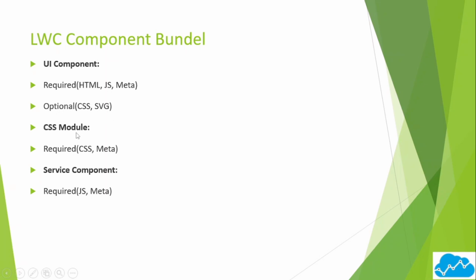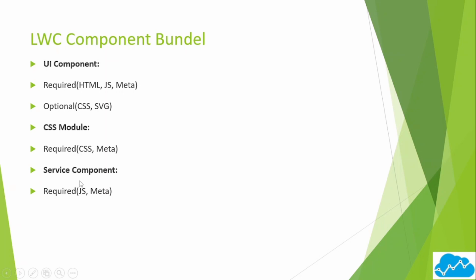Next, the CSS module, cascading style sheet. Here the required files are the cascading style sheet and meta.xml file. Here HTML and JavaScript files are not there.